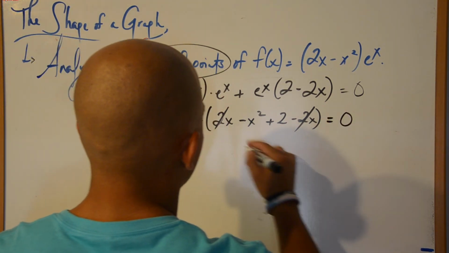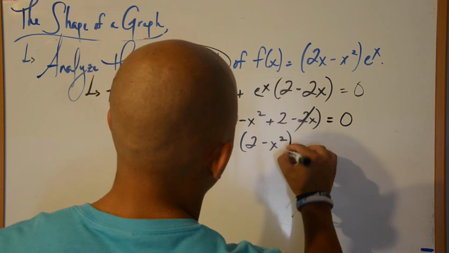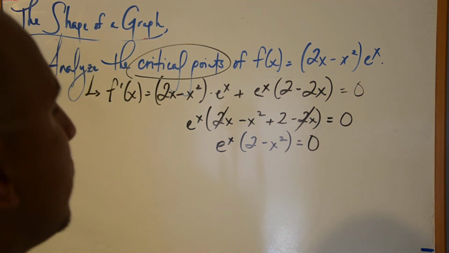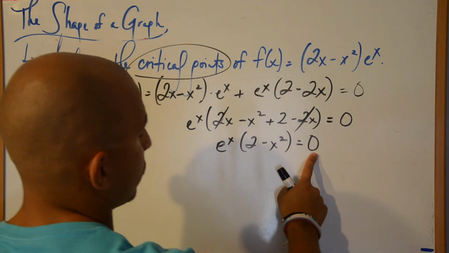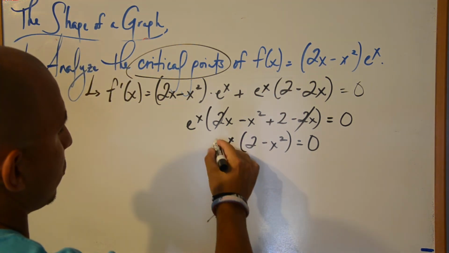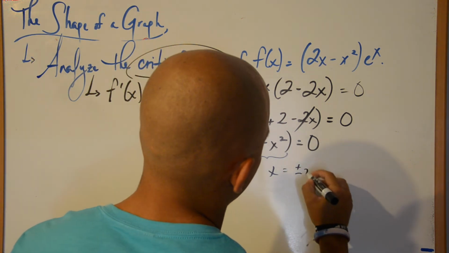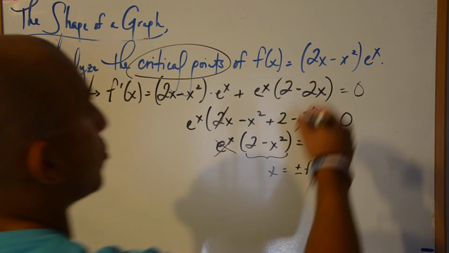This is still equal to 0, and we have e to the x times 2 minus x squared equals 0. There's nothing that we can substitute into x here that will result in a value of 0 for e to the x, so we really don't have to worry about that. Just this, and we can see that x will equal positive or negative square root of 2. That is our critical point.